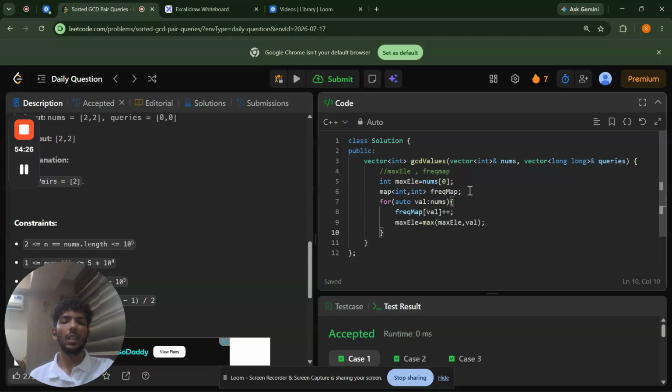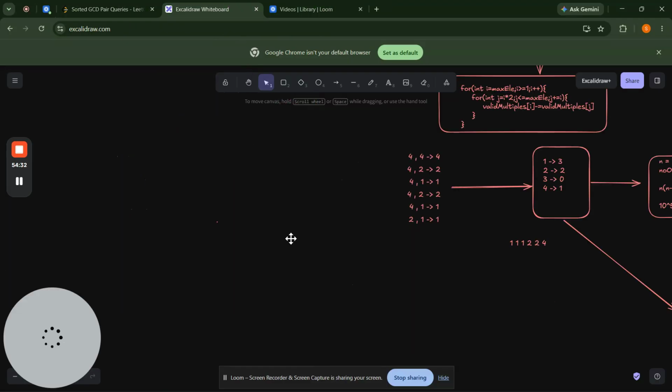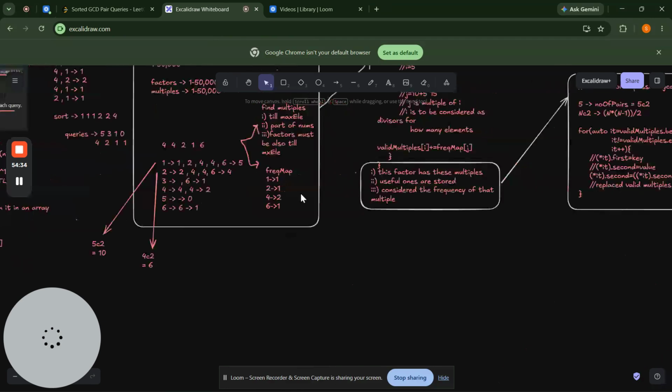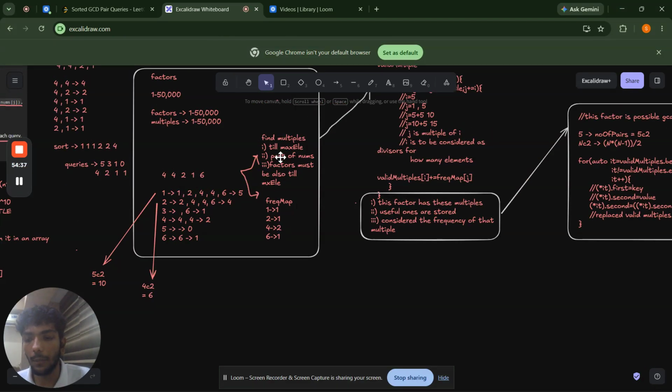Okay, now we have found out that this is the frequency and this is the maximum element.